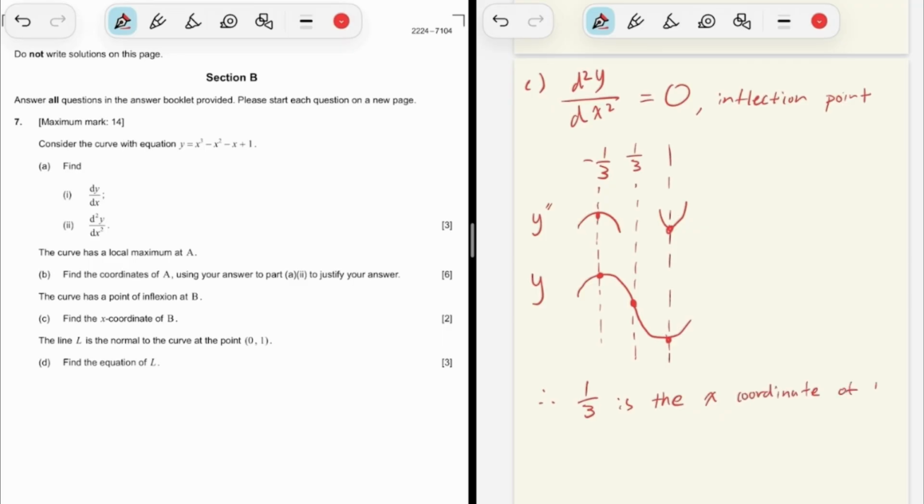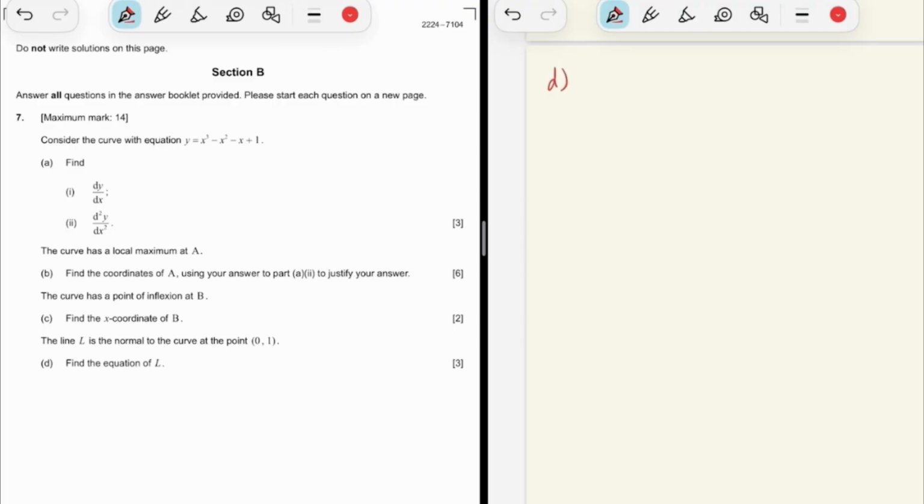of point B. For part D, you would have to find the tangent first. And so the tangent of the curve is equal to the first derivative's value at the point.